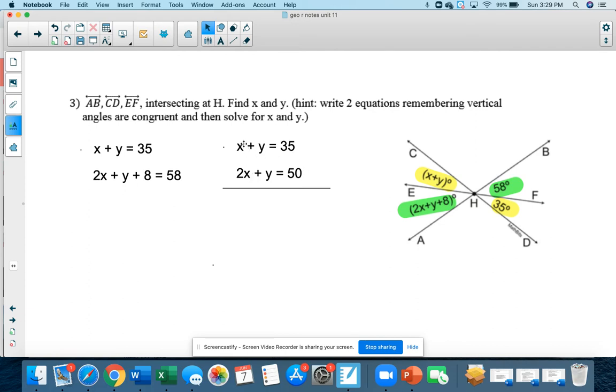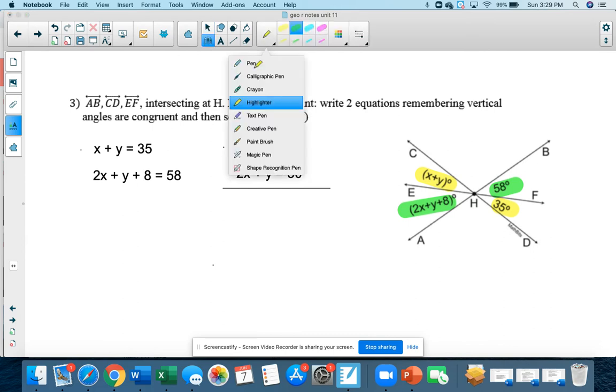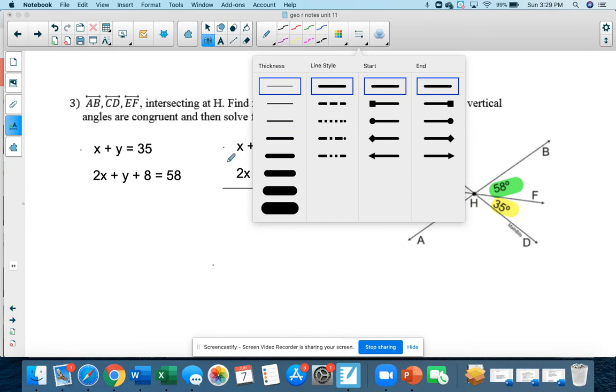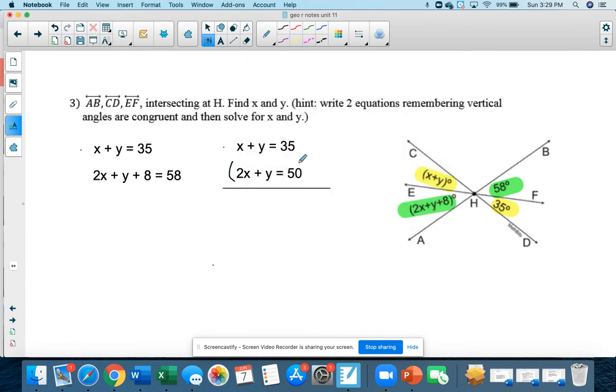Okay, now the y's have the same coefficient 1, so I do not need to multiply. What I'm actually going to do is I'm going to subtract. So I'm going to take this whole second equation and I'm going to subtract. So x minus 2x is going to give me negative 1x. Y minus y is actually going to cancel, so these will be gone.